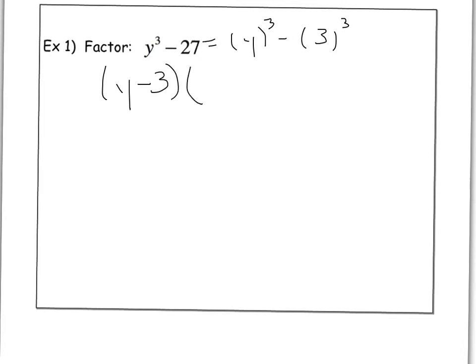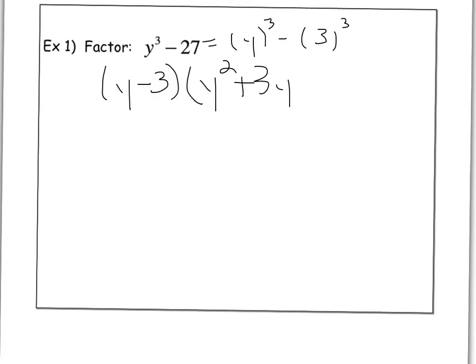And then the first term in the trinomial is always just this term squared, so we have y squared. Now be careful with the sign here again. Remember, if this is a minus, this sign in here is going to be opposite, so this becomes a plus. The middle term, once you have this first binomial done, is always just this times this, so that's a 3y.